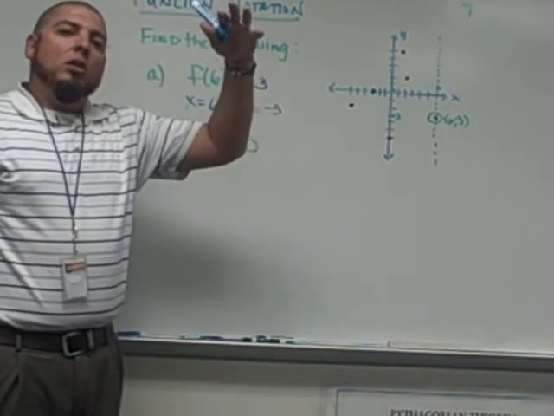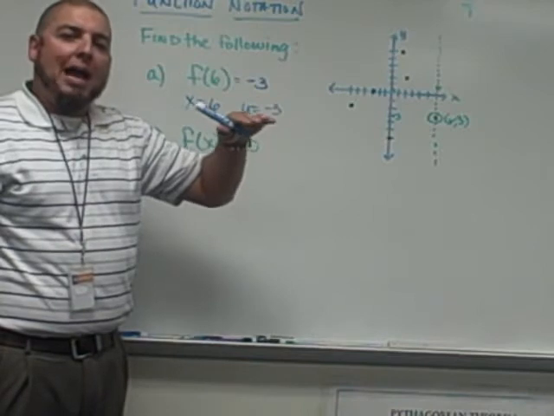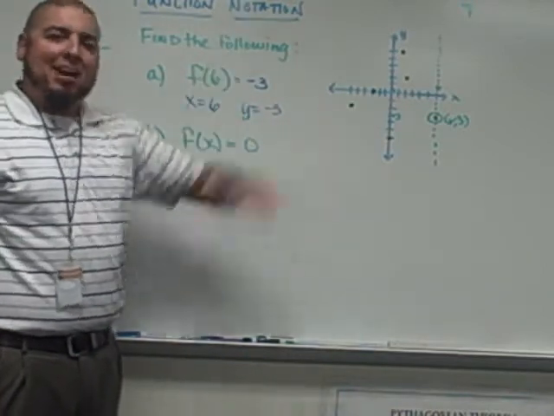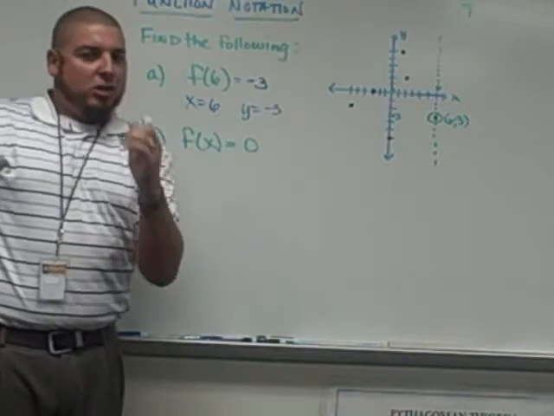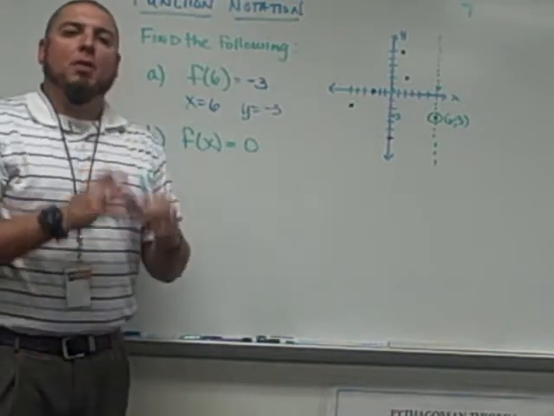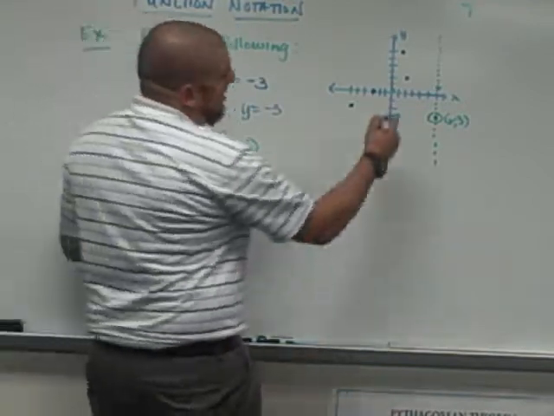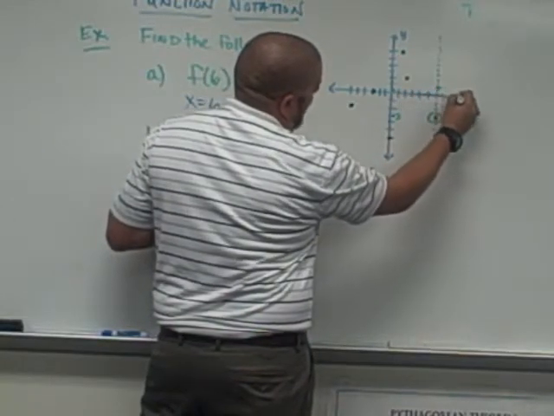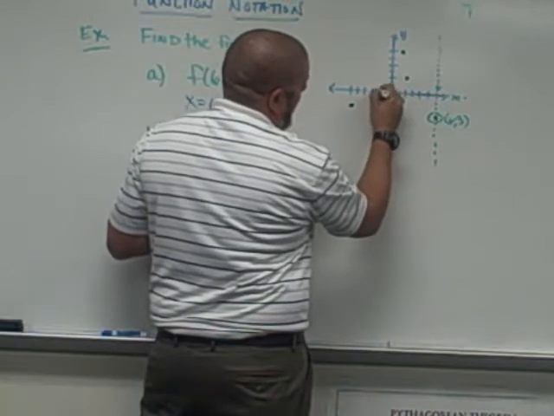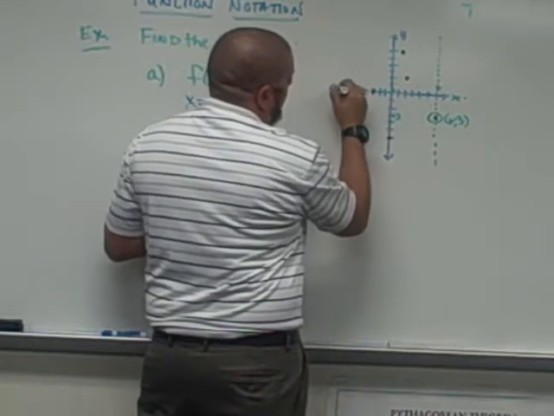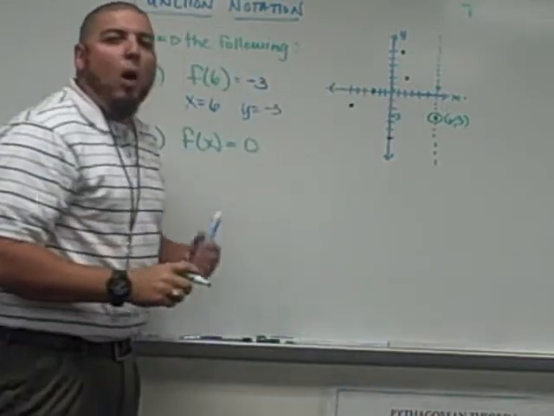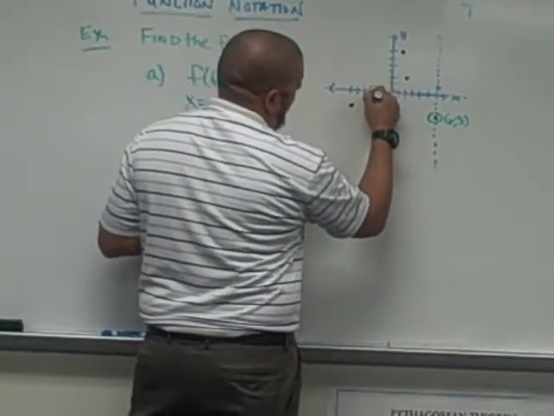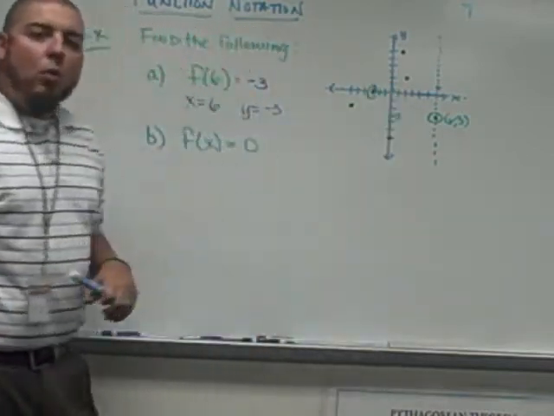If I don't go up or down any, my y is 0, which means my point must be on the x-axis. So here I have my y value of 0. I'm making my dots just like I did before to help find that point. Where is a point associated with y being 0? This dot right here is a point where y is 0.